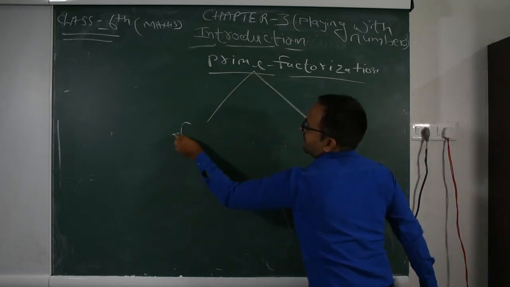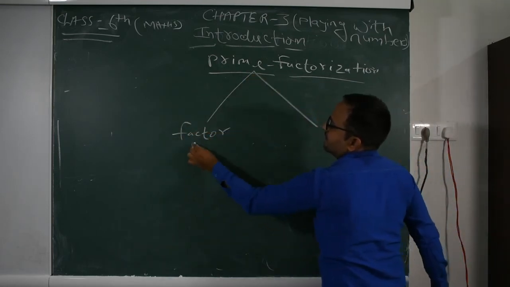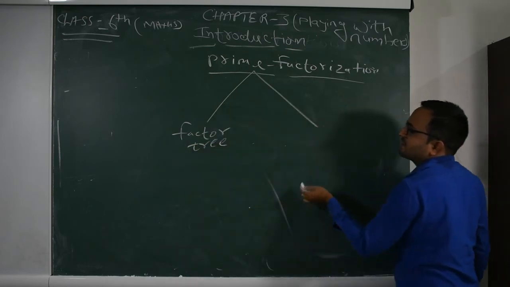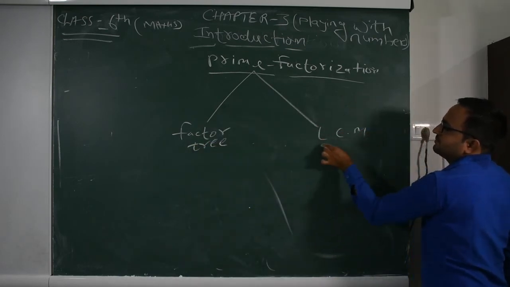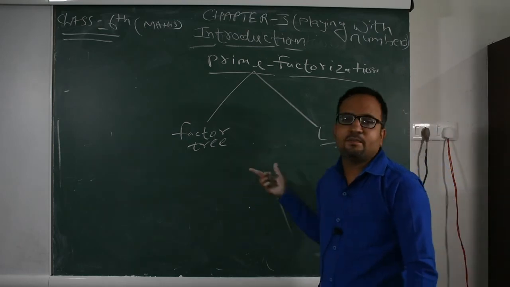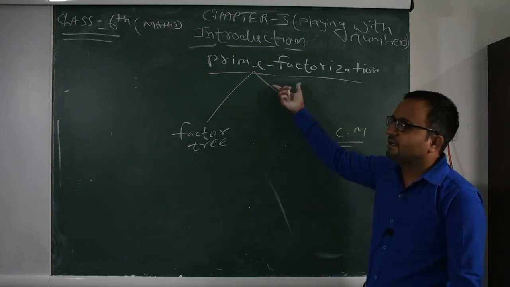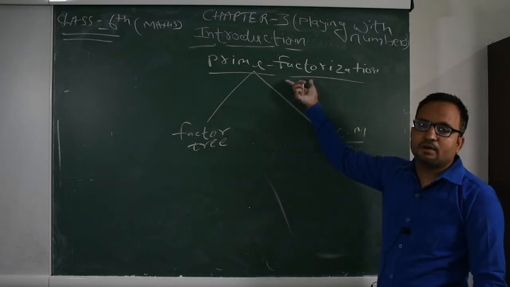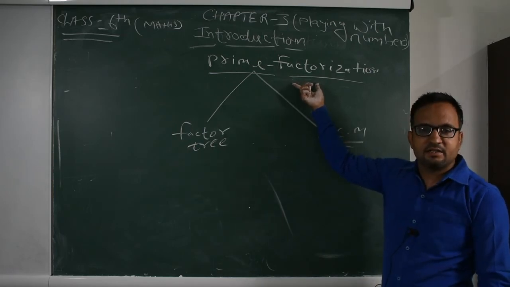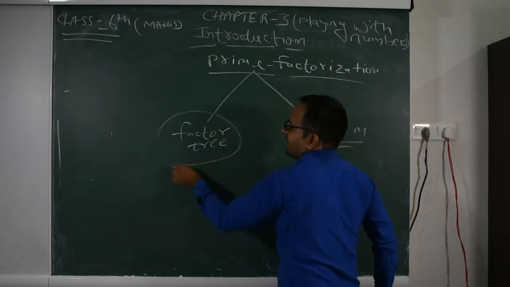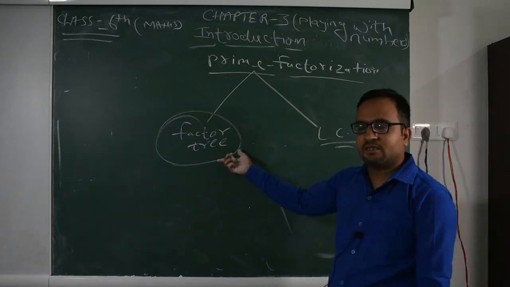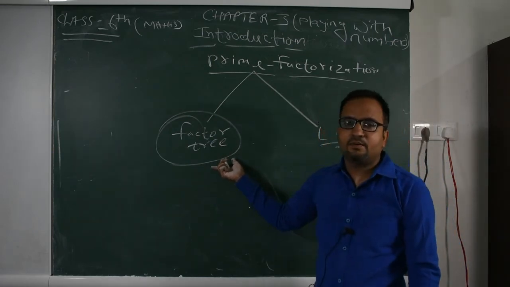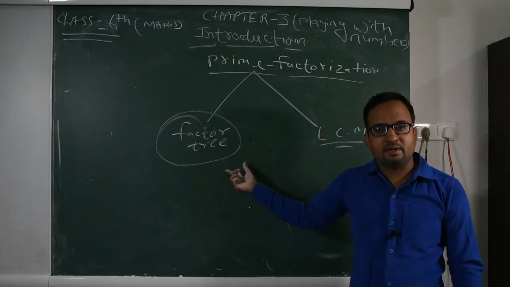First is the factor tree and second one is LCM. With the help of these methods we follow the prime factorization method. First we discuss the factor tree. With the help of this method we get the prime factors of a particular number.